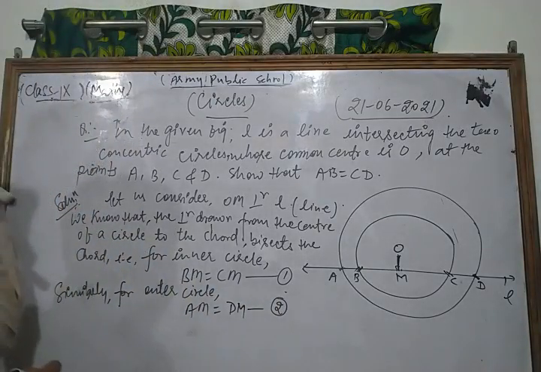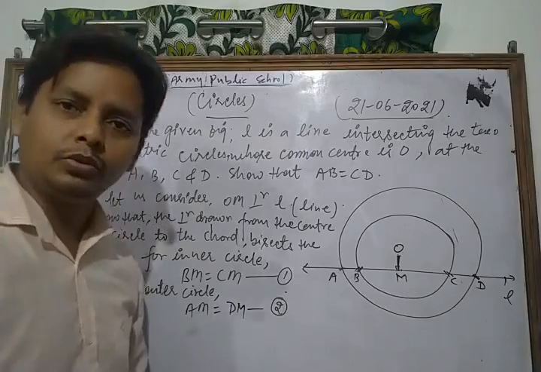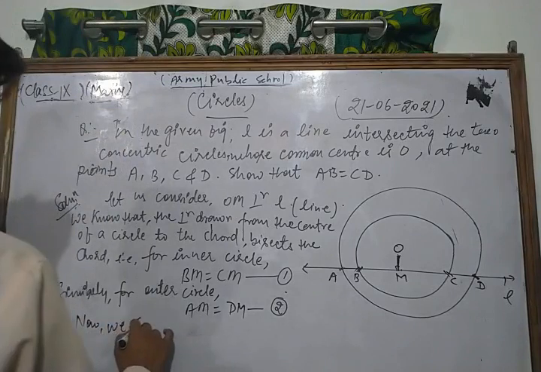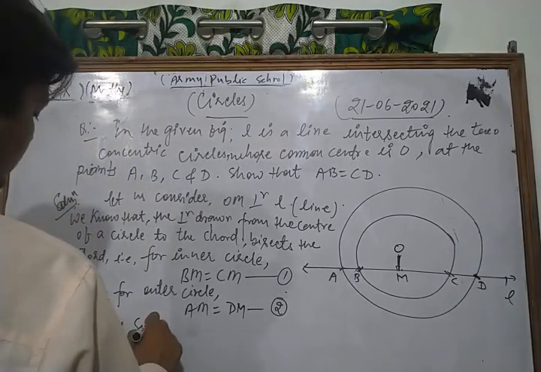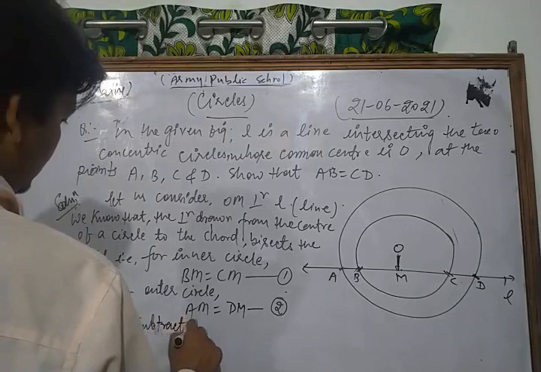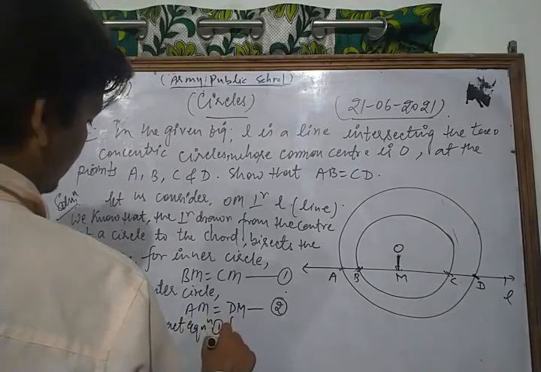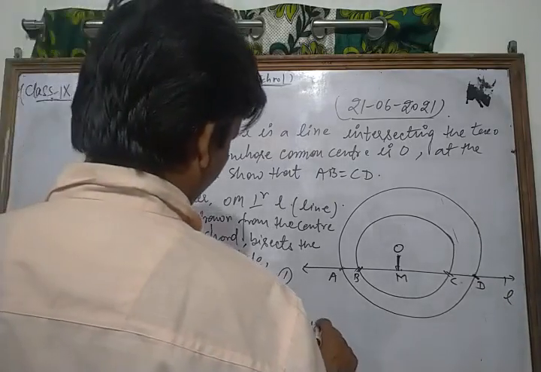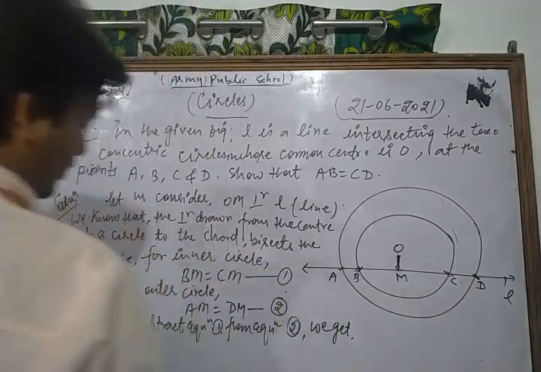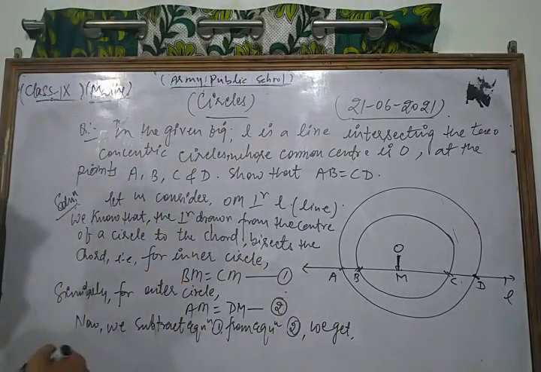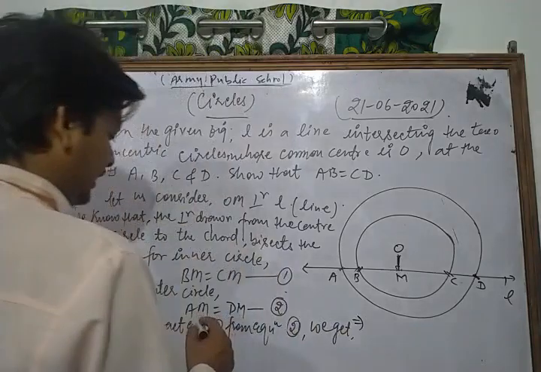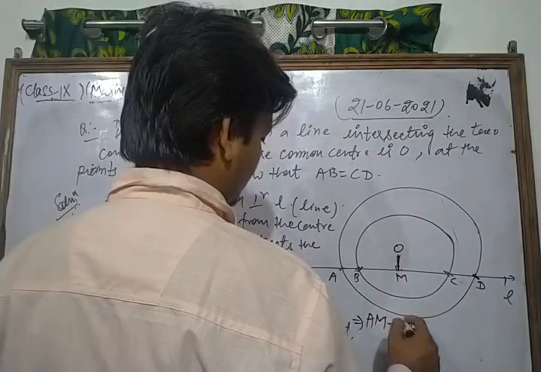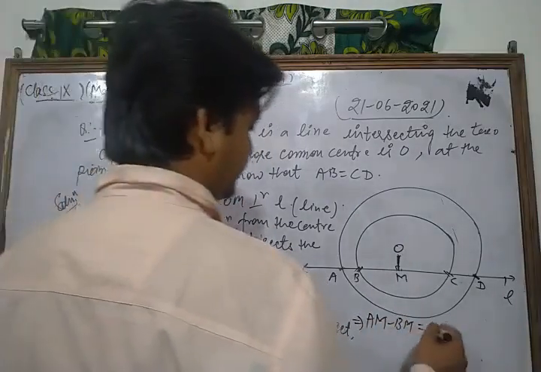Now we subtract equation 1 from equation 2. We get AM minus BM is equal to DM minus CM.